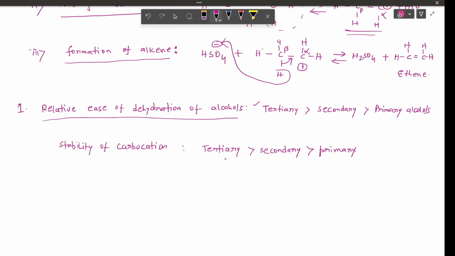So a tertiary carbocation is more stable than a secondary carbocation, then a primary carbocation. So you can say that the ease of dehydration of alcohol will follow the same sequence. That is, tertiary alcohol will be prioritized first, then secondary alcohol, then primary alcohol.